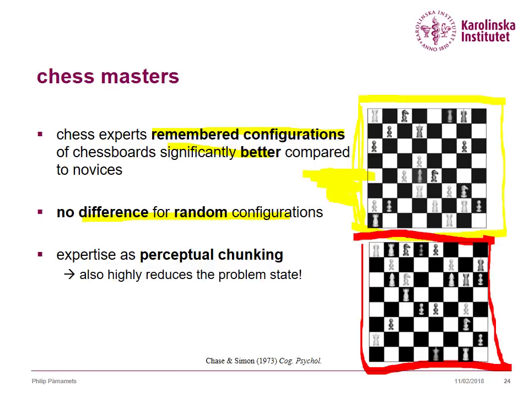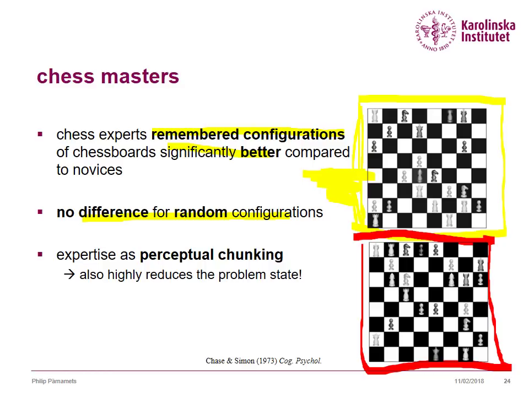But if they just had a generally good memory, chess experts would be better than novices regardless of what kind of board you gave them. But of course, the finding was that chess experts were better at remembering actual chessboard configurations. So that shows that they had acquired domain-specific memory and knowledge.